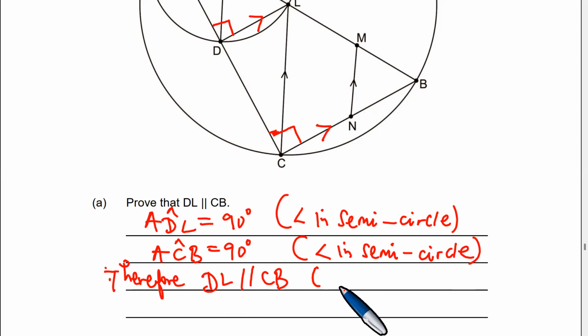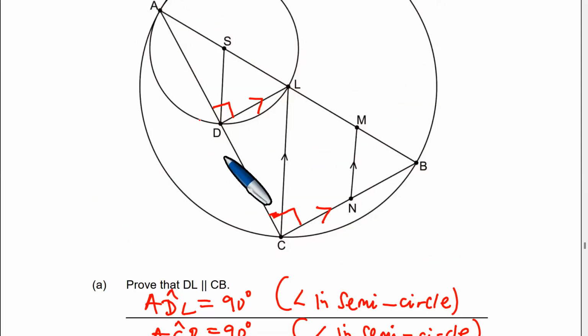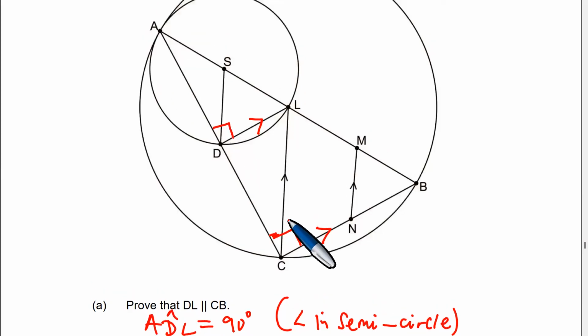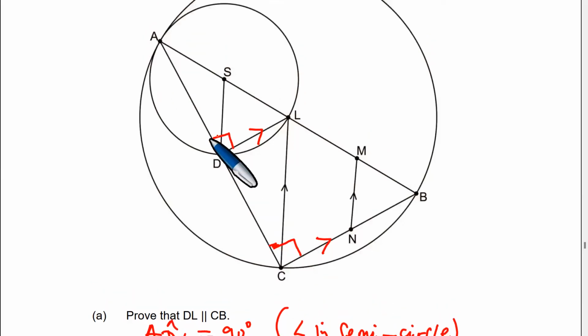Why is it parallel? We have seen that this angle is 90 degrees and that angle is 90 degrees, and these look like corresponding angles, because if you remember, corresponding angles are angles in an F. Normally we say if this is parallel to this, then these angles are equal and corresponding.